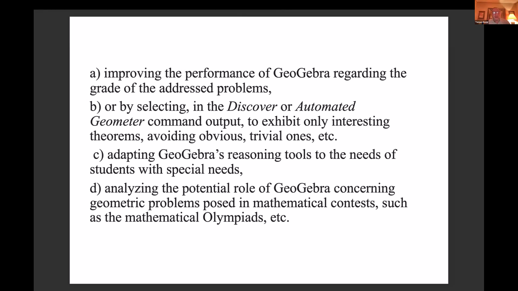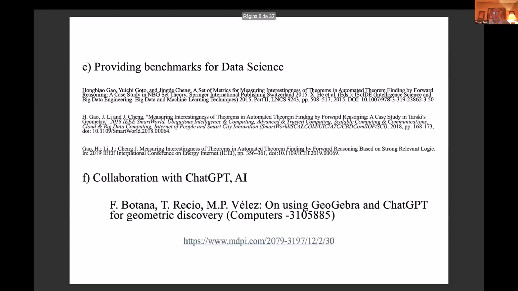Or maybe we want to ask the machine, please tell me theorems about this figure, and we want it to give us theorems of a certain level, not trivial theorems. Also, and this is getting very interesting, we want to adapt the GeoGebra reasoning tool to students with different levels and different educational needs, like students with difficulties in mathematics or students in mathematical Olympiads.